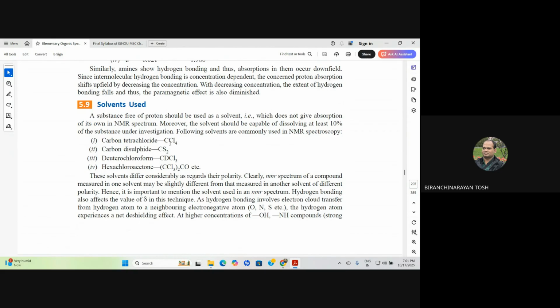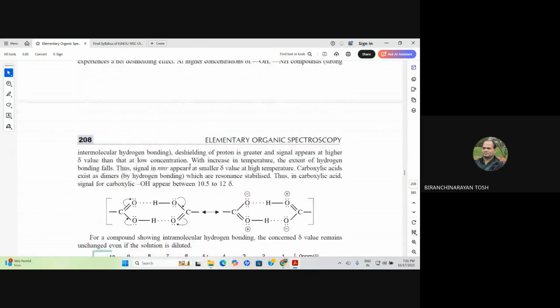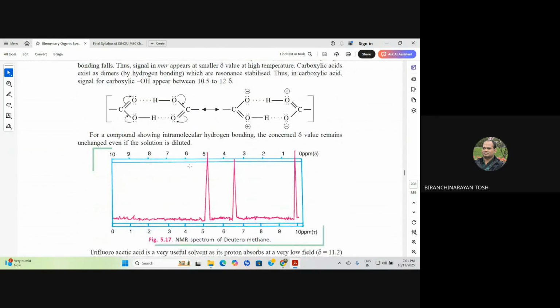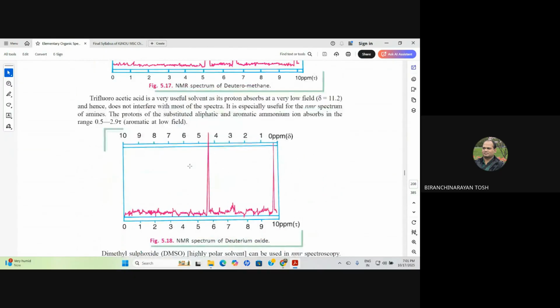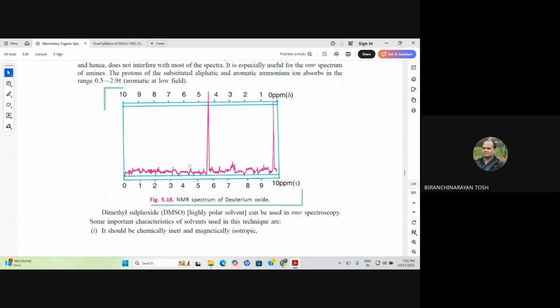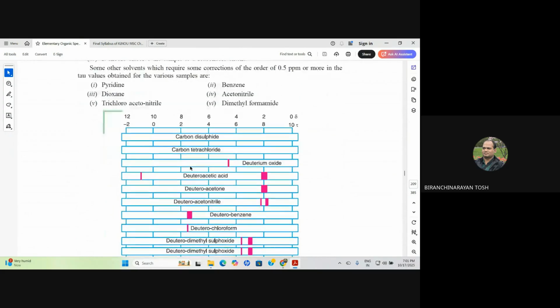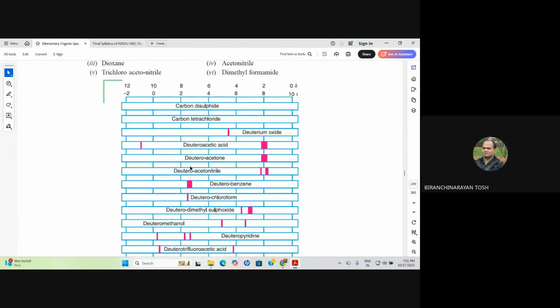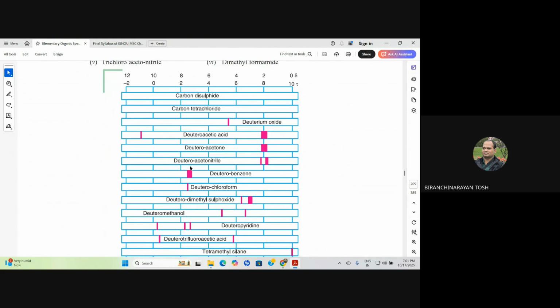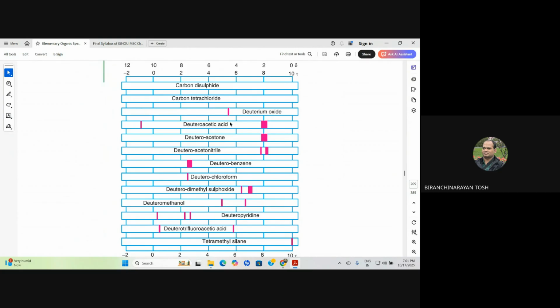So these are the solvents which are used in NMR spectroscopy. Deuterated dimethyl sulfoxide can also be used. Anyway, these are the solvents which are used, and the corresponding peaks are also given.